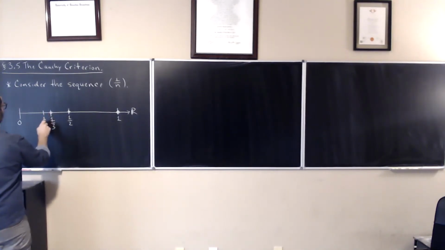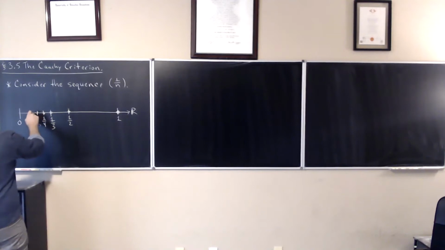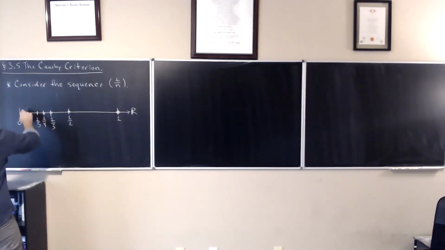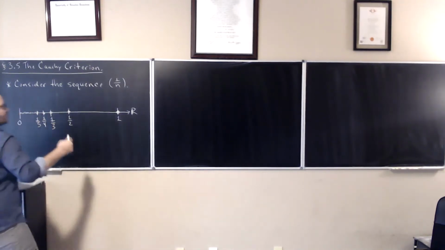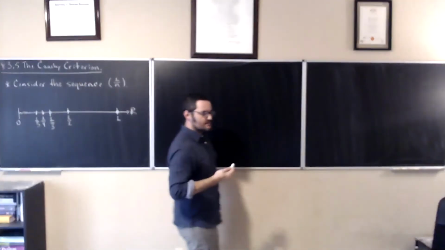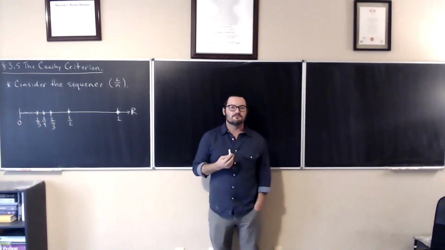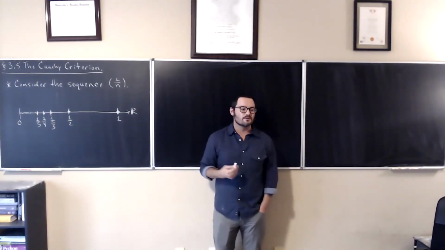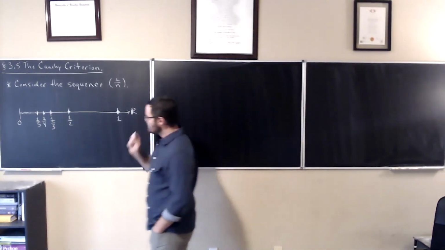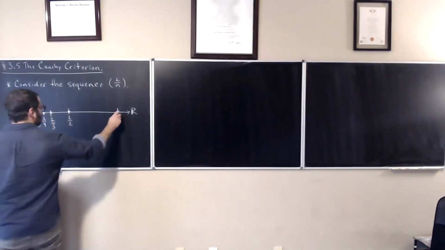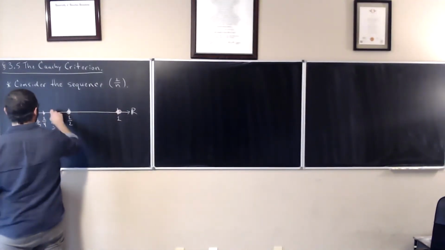Fourth. A fifth. And I'm just going to keep on doing this. And as we've seen before, as n increases, this sequence is definitely tending towards 0. It converges to 0.